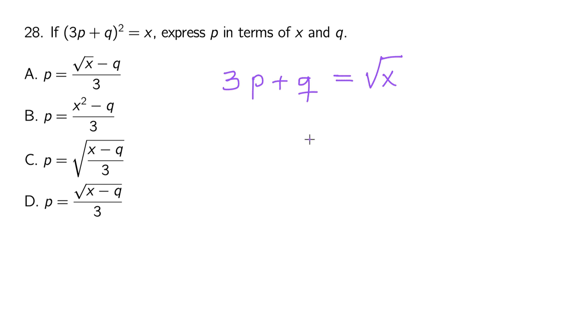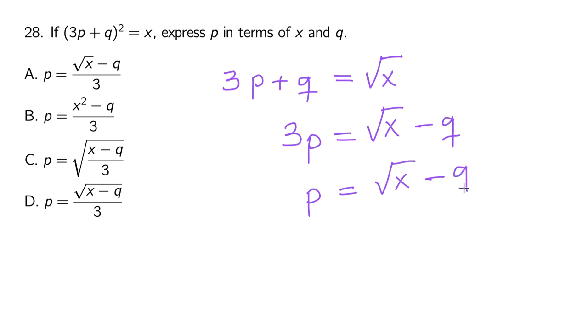We now subtract q from both sides. That gives us 3p equals the square root of x minus q. We now divide both sides by 3. We get p equals the square root of x minus q all over 3. So that gives us our answer as A.